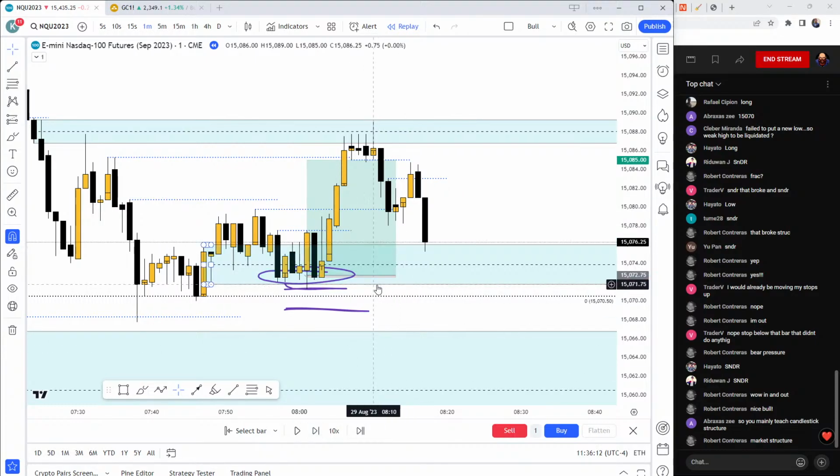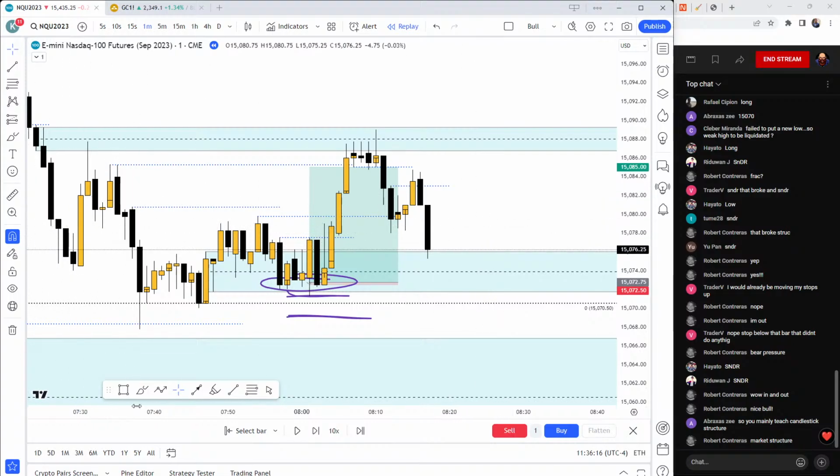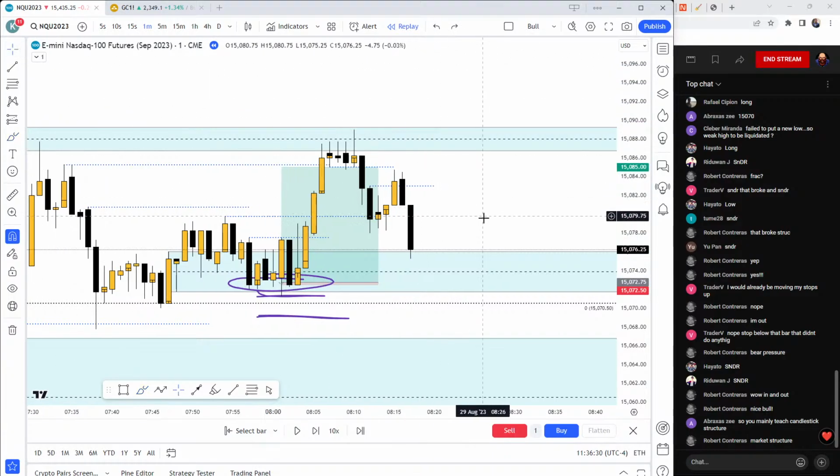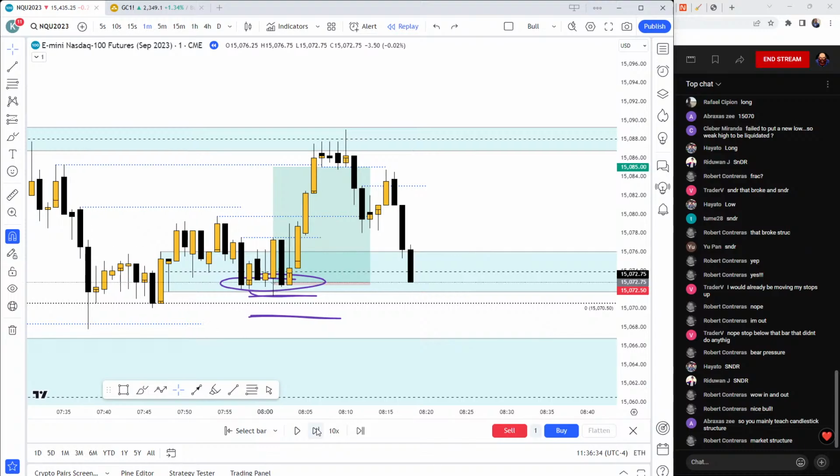Bang. Right back down to this area of significance. Your SNDR is actually right here. This was the fractal that sent you higher. In fairness, this is your predominant one. This up, down, up piece of price action there. Ooh.